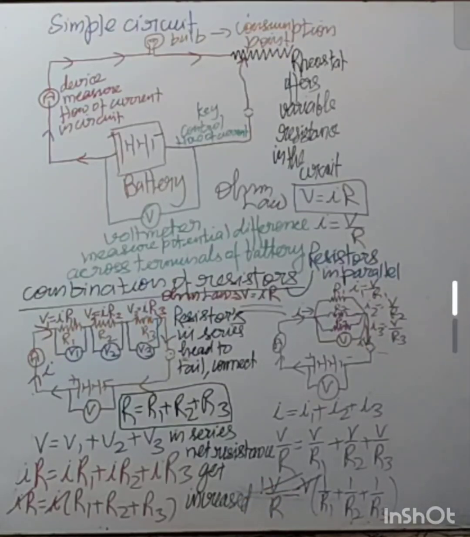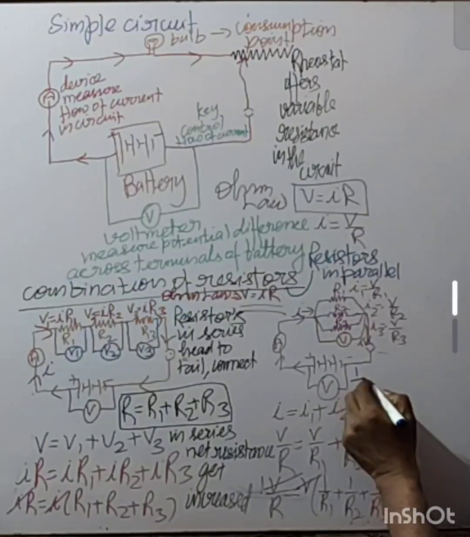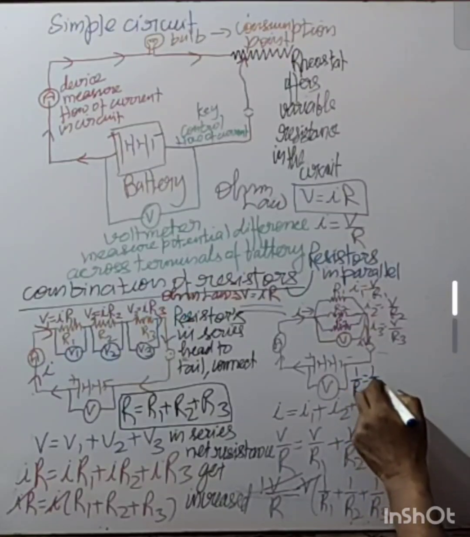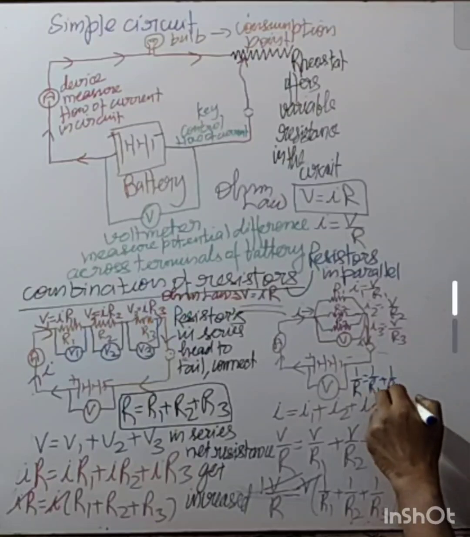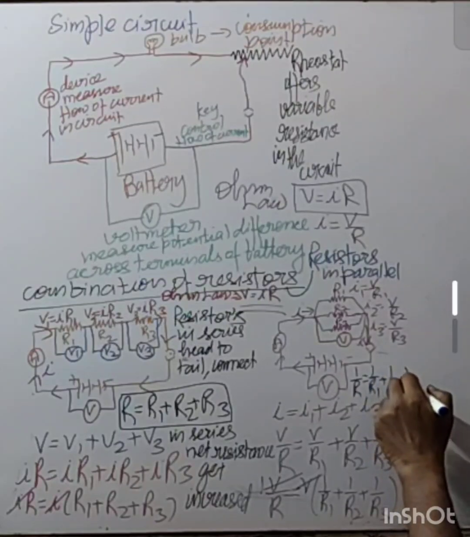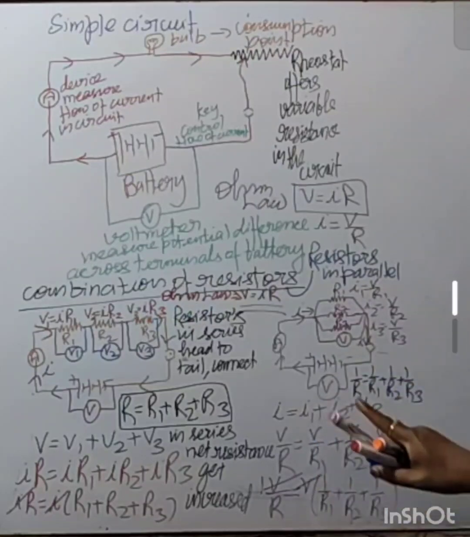So in parallel, the net resistance is 1 upon R is equal to 1 upon R1 plus 1 upon R2 plus 1 upon R3.